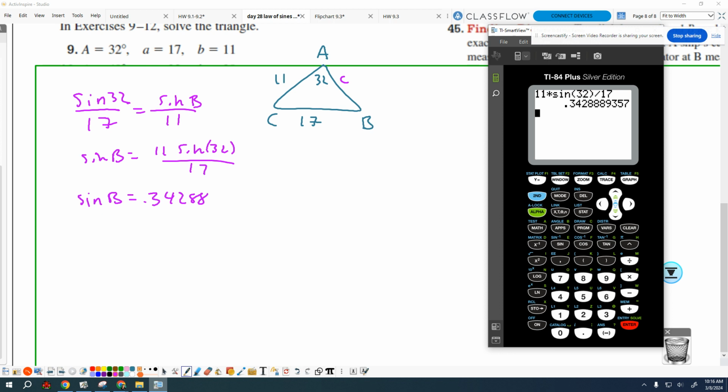No, Sarah, what do I need to do to get the angle? Sine inverse, undo sine. So I get 20 degrees.